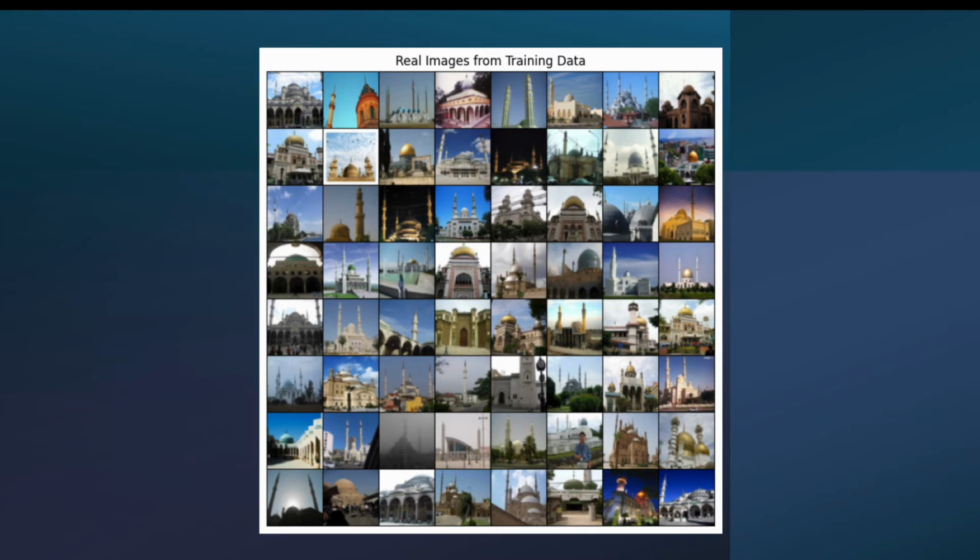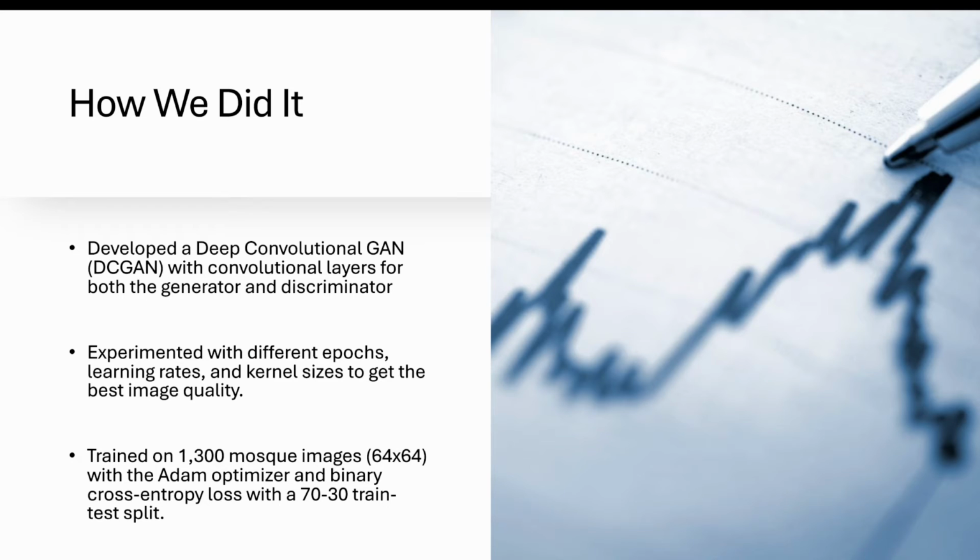Talking about how we did it, the model that we used was deep convolutional GANs, which is a very effective tool in image generation because it combines GANs, which are really good for AI generation, with convolutional layers, which are really good for learning spatial information from images.